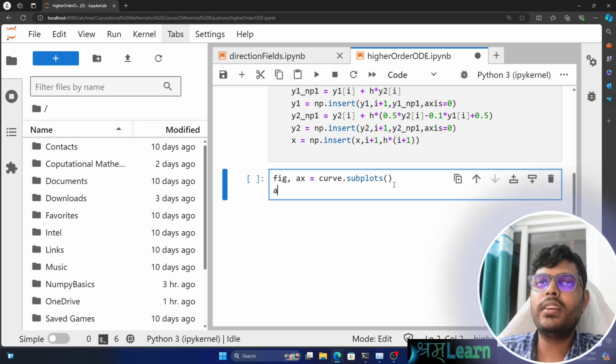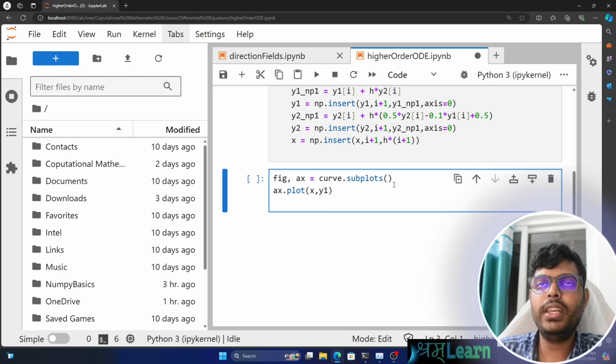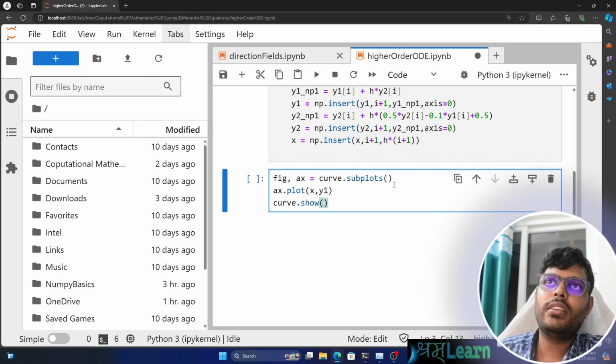Okay, ax dot plot. And what are the values? X comma y1, not y2. And curve dot show. Fine.